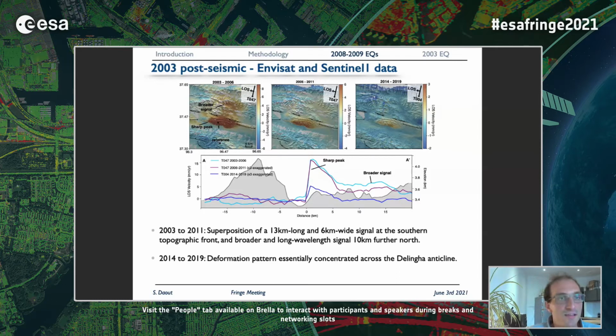And what we saw is that from 2003 to 2006, at the beginning, the signal is decomposed into a broader signal within the Longbulang-Shan, and a sharp and asymmetric signal at the topographic front, which is this Delinga anticline. And slowly in time, this signal decreases, but still is higher than the far-field interseismic shortening, and is only concentrated within this Delinga anticline in time.